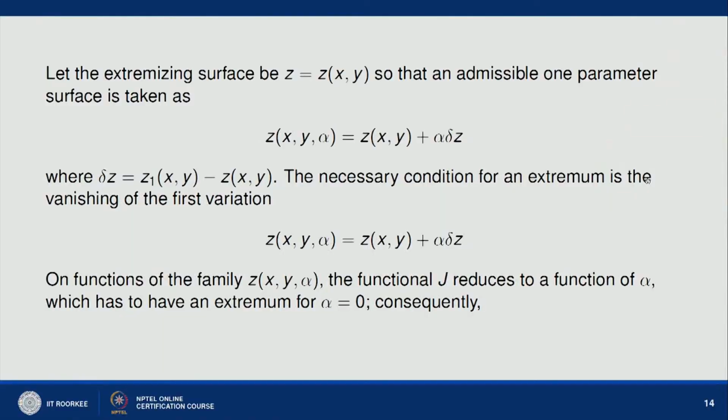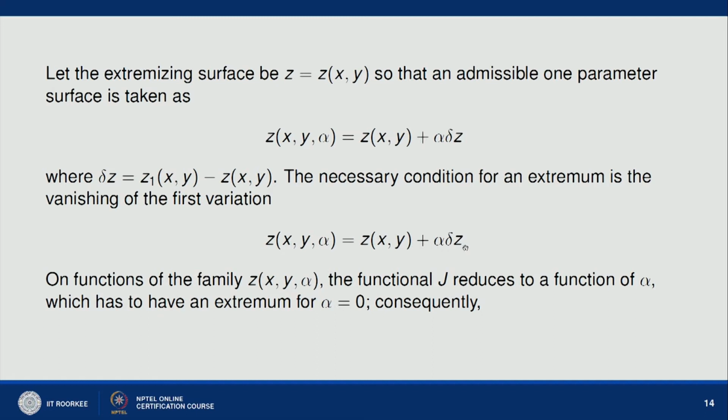So if it is true for functionals whose extremizer is a curve, it is also true for the case where the extremizer is a surface. So the necessary condition for an extremum is the vanishing of the first variation, where z of x comma y comma alpha is equal to z of x comma y plus alpha delta z.